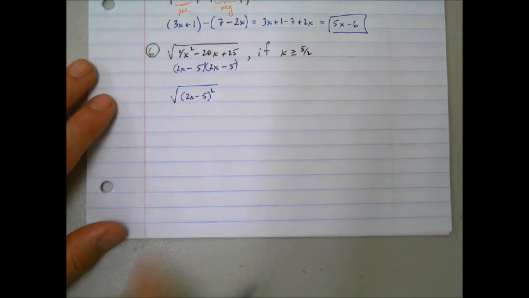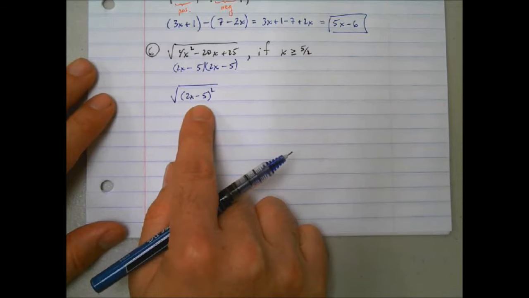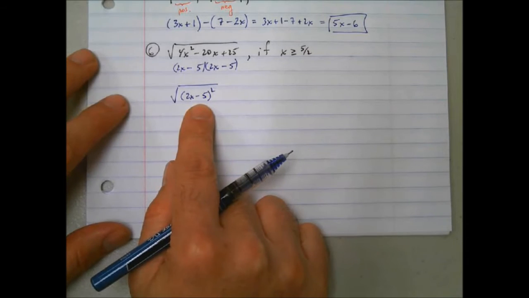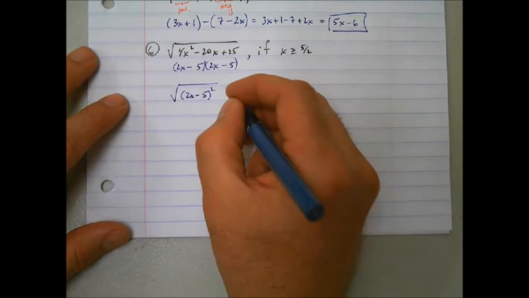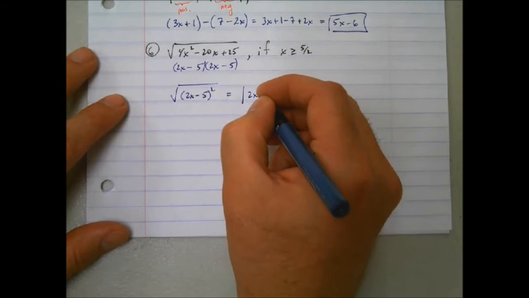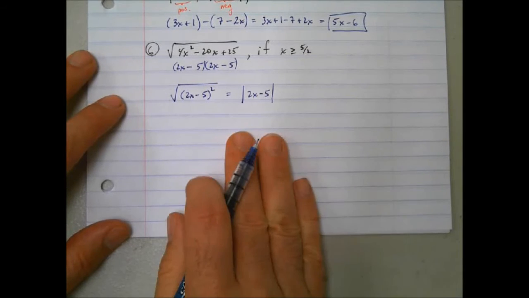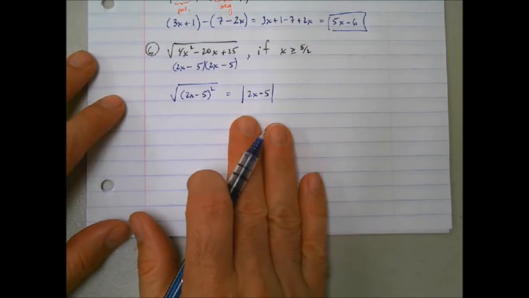And the square root of 2x minus 5 quantity squared is the absolute value of 2x minus 5. There is the absolute value. You were maybe worried that there was no absolute value.